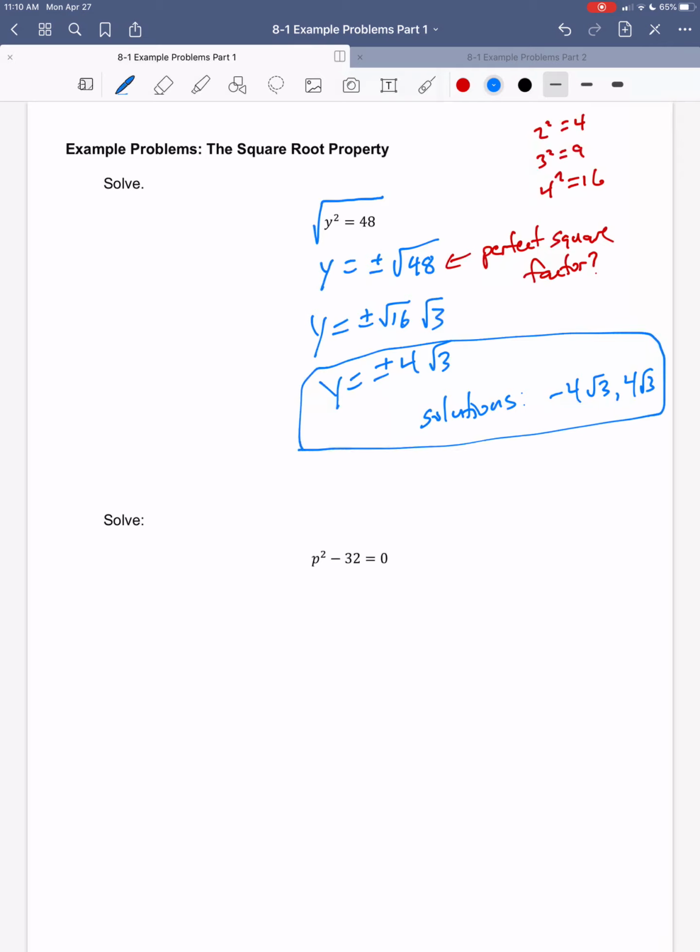Okay. In this second problem, my variable is just squared, p squared, but it's not isolated. It's not by itself like the y squared was up here. So my first step is going to be to get rid of that 32. So I'm going to add 32 to both sides. And if I do, then I just get p squared equals 32. And again, then I'm going to take the square root.